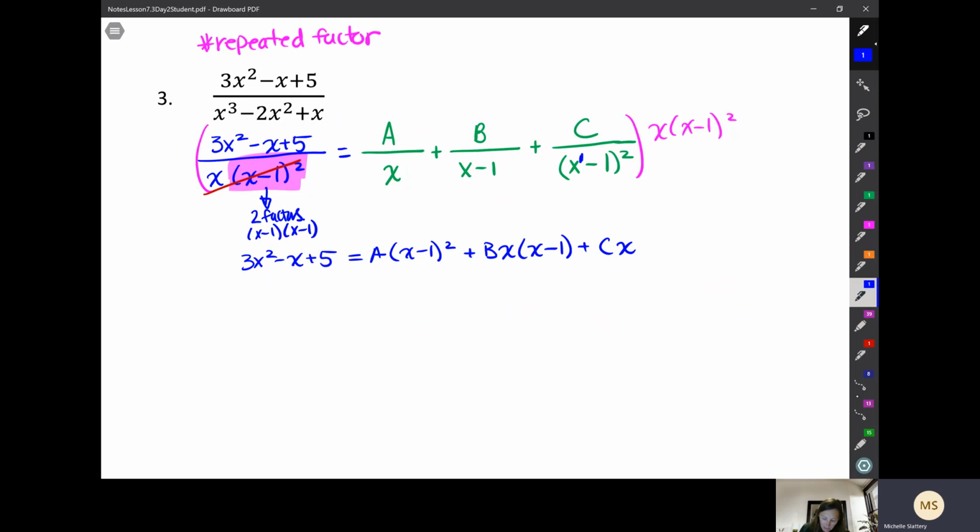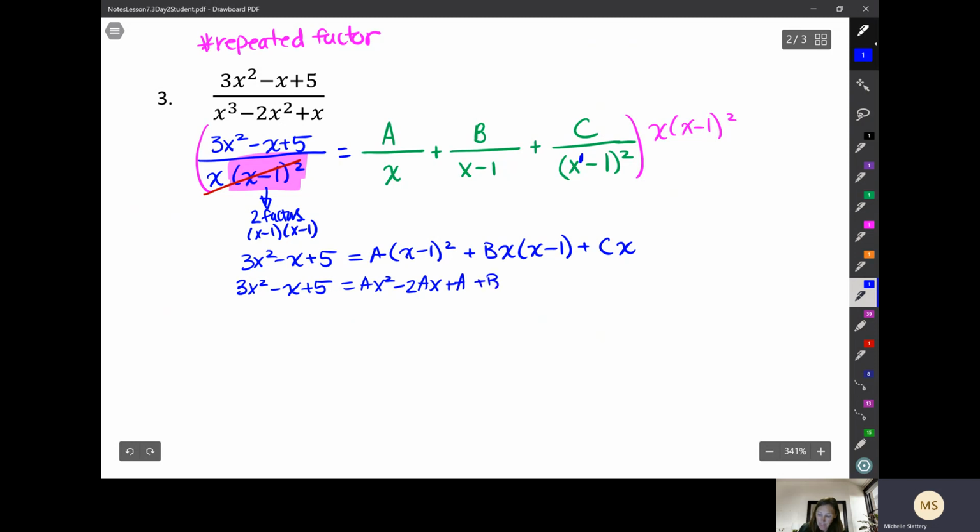Okay, so expanding everything, I get 3x squared minus x plus 5 equals, then I have a times the quantity of x minus 1 quantity squared. So that's going to give me ax squared minus 2ax, and then plus a.